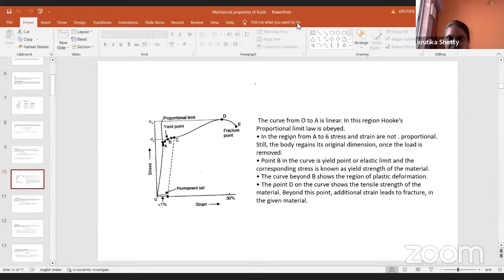Now let us go for the questions for today's class. Yes, I hope the synopsis part is clear to you. If you have any query, you can ask. Or else we will go with the question answers. So I am sharing the PPT here.